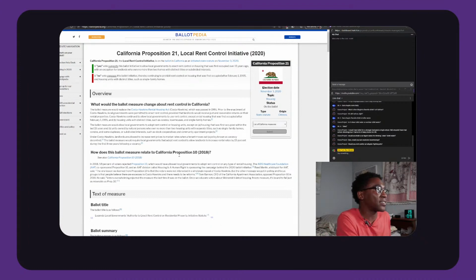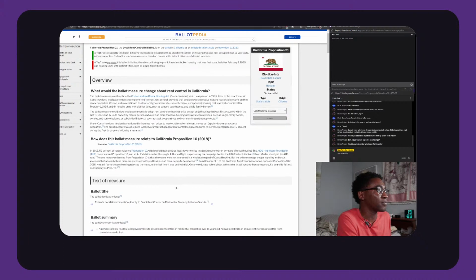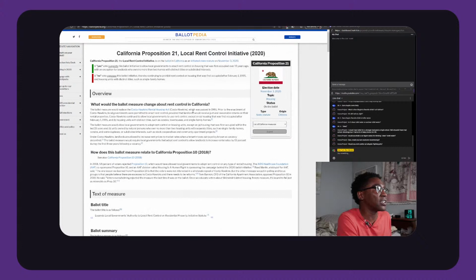So this now makes it so, like I said, rent control on housing that was first occupied over 15 years ago. So anything older than 15 years will now be eligible for rent control. That already makes it so things built between 1995 and 2005 are back on the board again for being able to be under rent control.